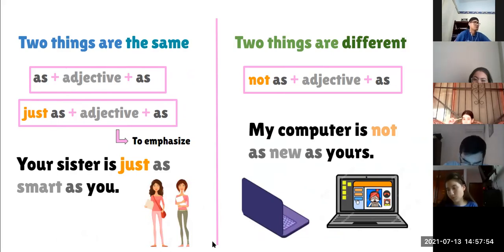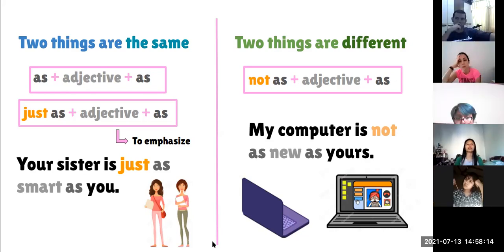For example, I can say, I am not as tall as my sister. No soy tan alta como mi hermana. What can you say? Any ideas?